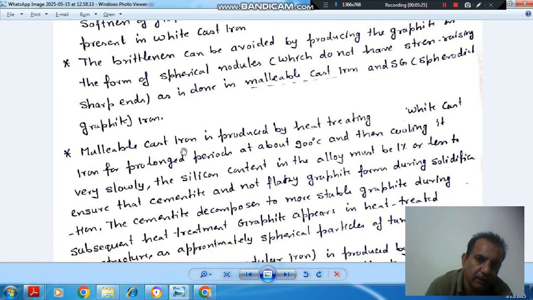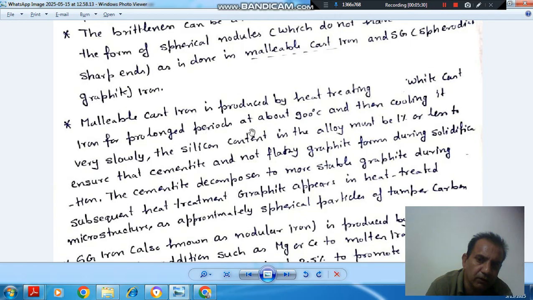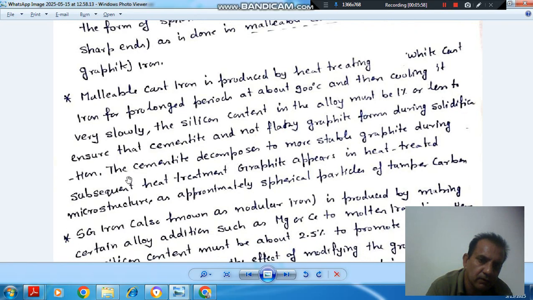Malleable cast iron is produced by heat treating white cast iron for a prolonged period at about 900 degrees Celsius, then cooling it very slowly. Silicon content in the alloy must be 1% or less to ensure that cementite, and not flaky graphite, forms during solidification. Silicon promotes graphite, so its content will be reduced. The cementite decomposes to more stable graphite during subsequent heat treatment.